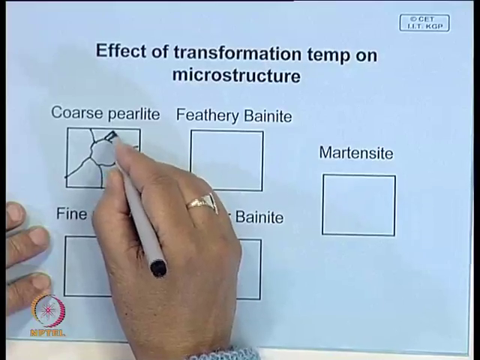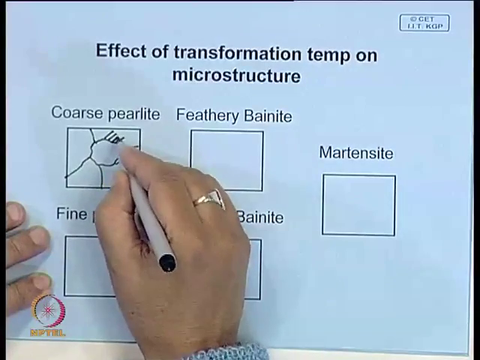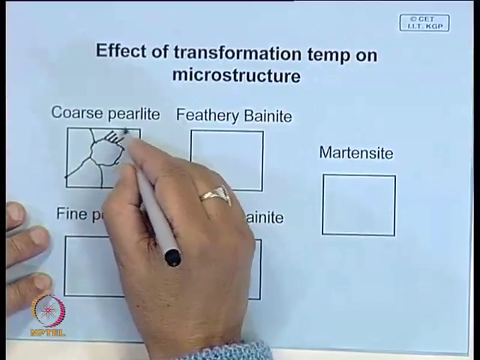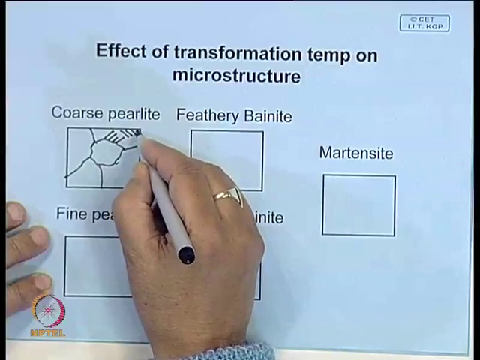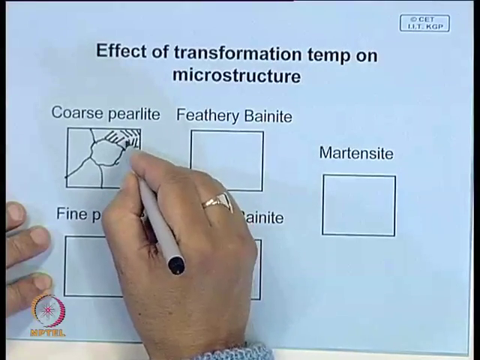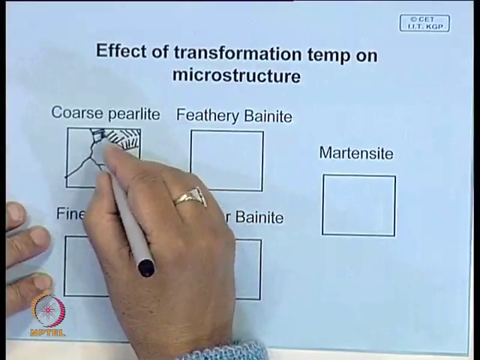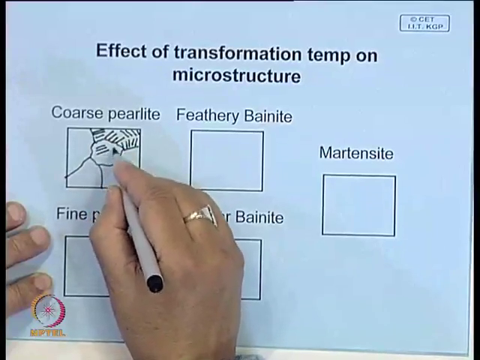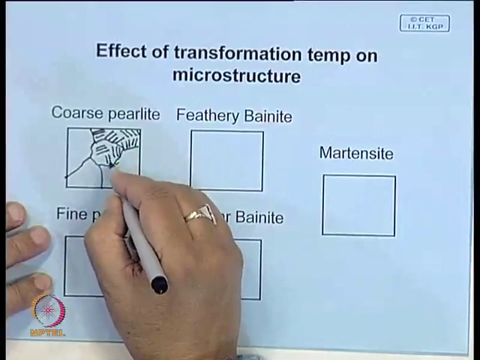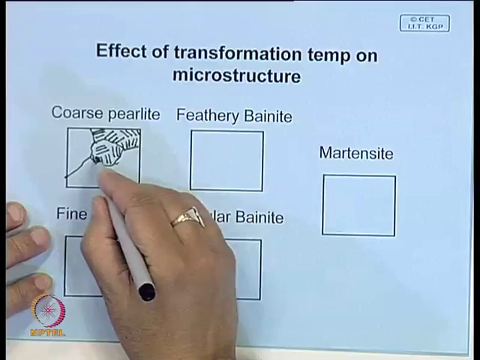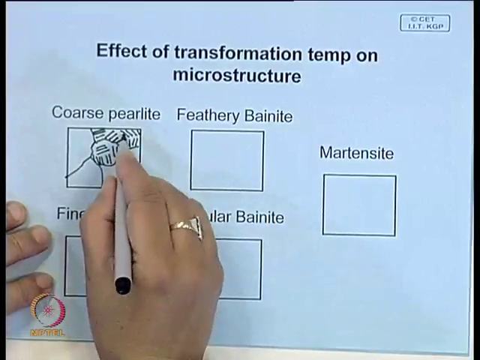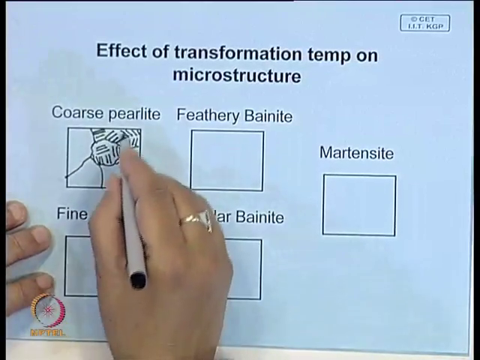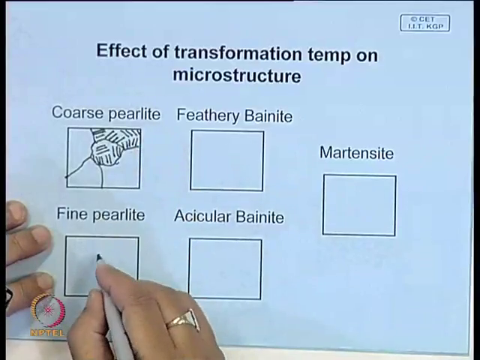These are cementite and the white region is ferrite. This is how the pearlite structure will look, lamellar, and this is how that entire area will be filled up.